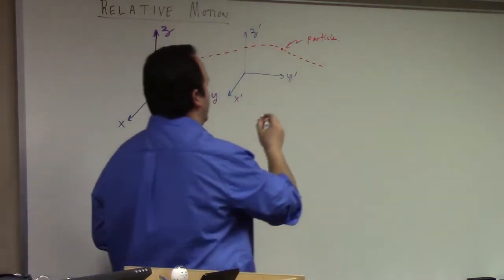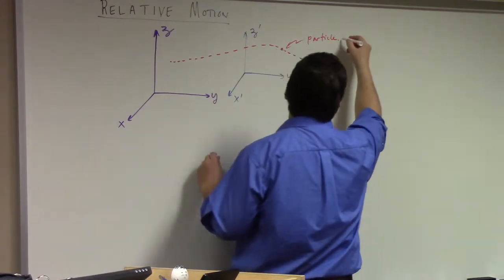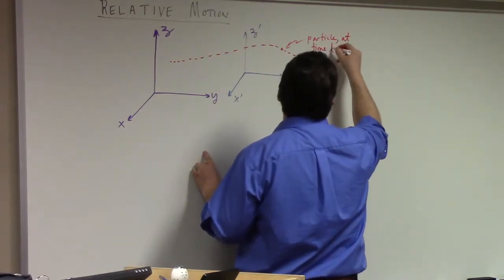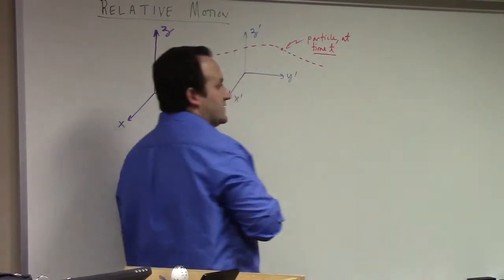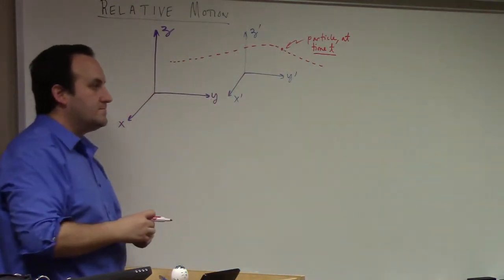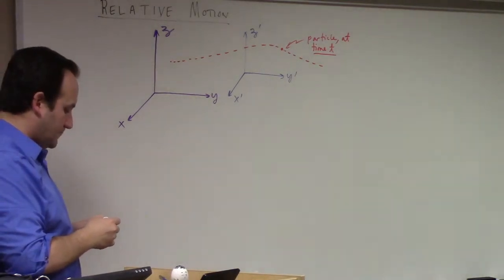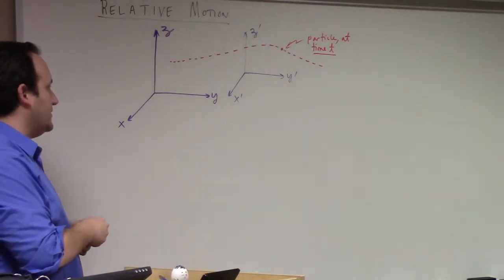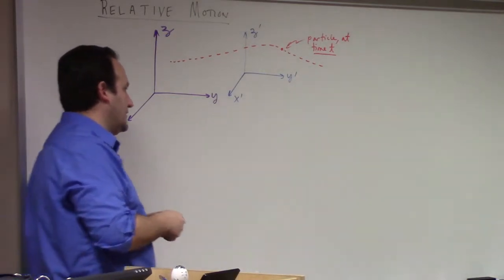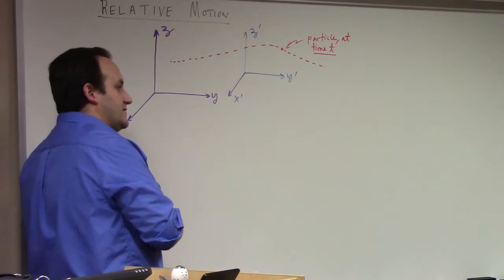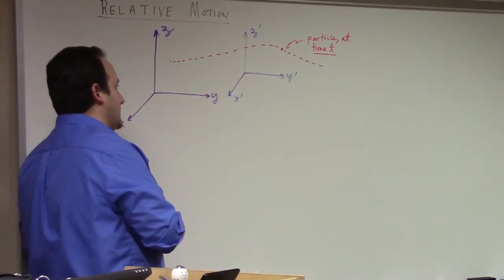I want to focus on a particular time t. Now, I'm going to make the assumption that there's a time t which makes sense for both coordinate systems. So there's some notion of universal time. I can talk about the same time for this one and that one, and we can synchronize our watches, and we can agree that time ticks on.